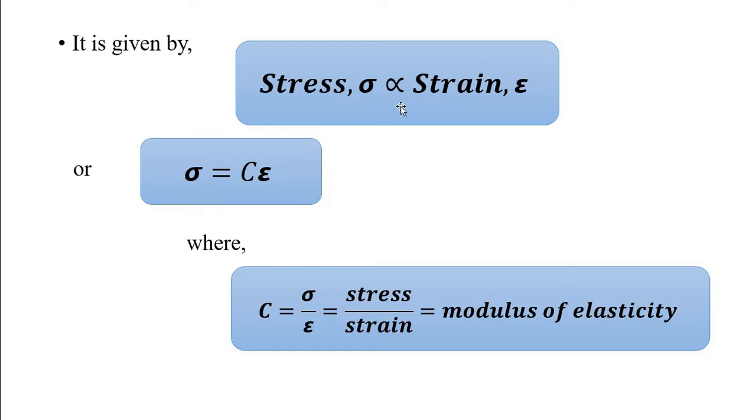Whenever there is a proportionality relationship, it is obvious that there will be a proportionality constant. That is called the modulus of elasticity. Since it happens within the elastic limit, this constant is called the modulus of elasticity.